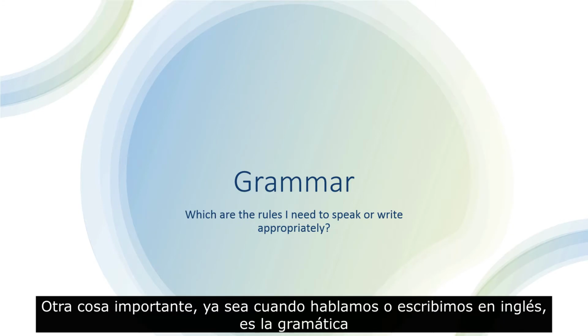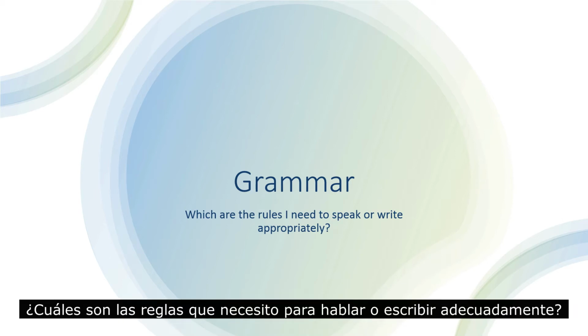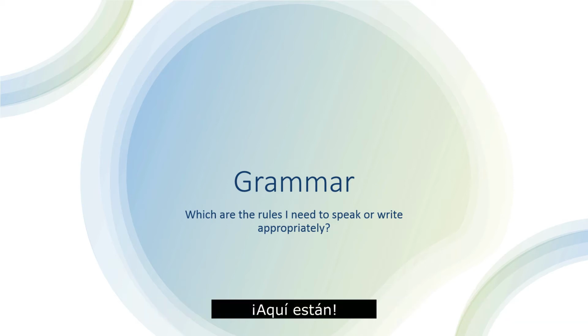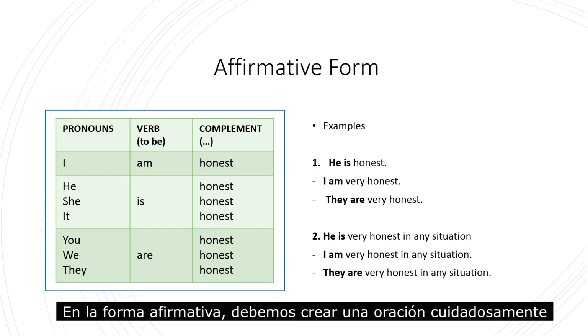Another important thing whenever we speak or write in English is grammar. So the question we need to answer now is, which are the rules I need to speak or write appropriately? Well, here they are. In an affirmative form, we need to create sentences very carefully.